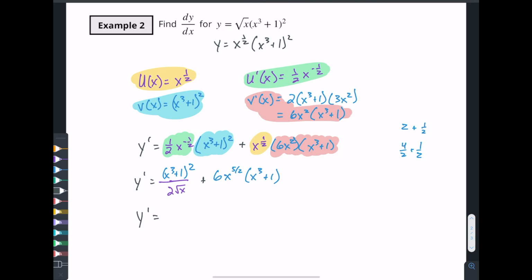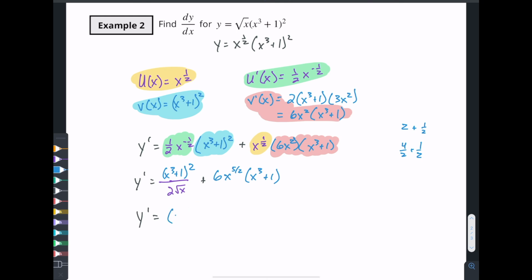Y prime is equal to x cubed plus 1 squared over 2 root x plus, well, wait a minute. This thing is common with this, right? This is this piece to the first power, this piece to the second power. I could actually factor out a bit there. I could factor one of those out.